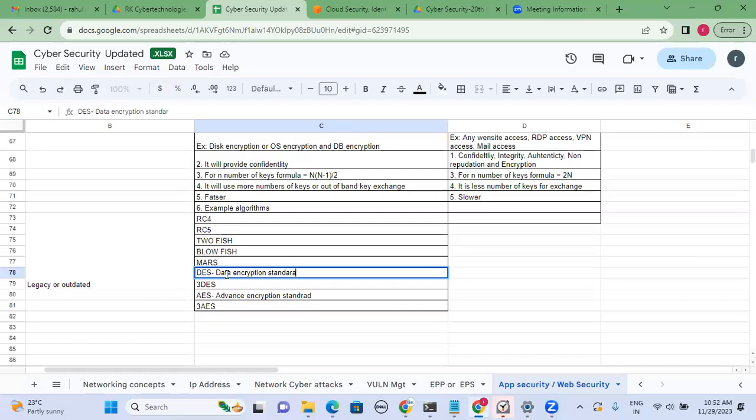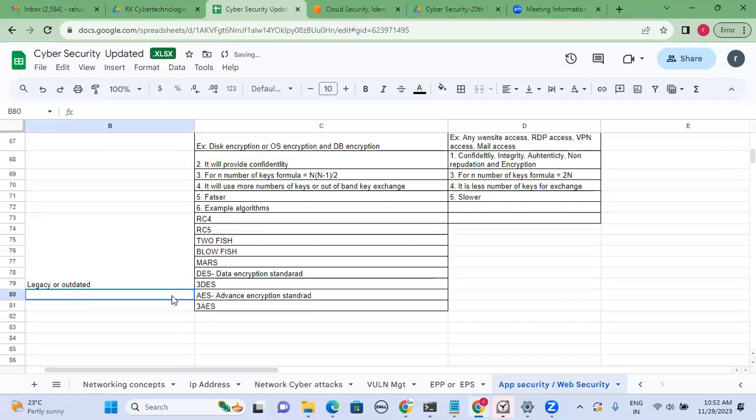If you want to use any symmetric cryptography algorithm, which one do we have to use? Either AES or 3AES, the latest symmetric cryptography algorithms. It's one of the favorite interview questions, guys. The day before yesterday, this topic was an interview question.